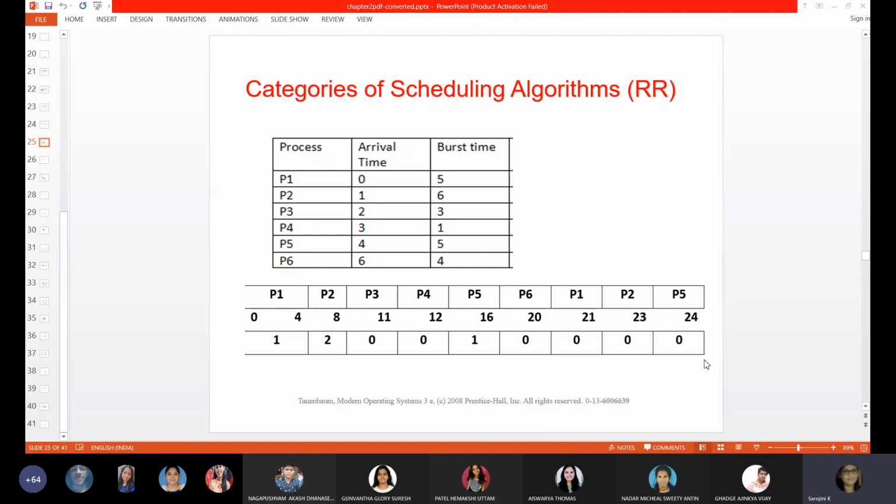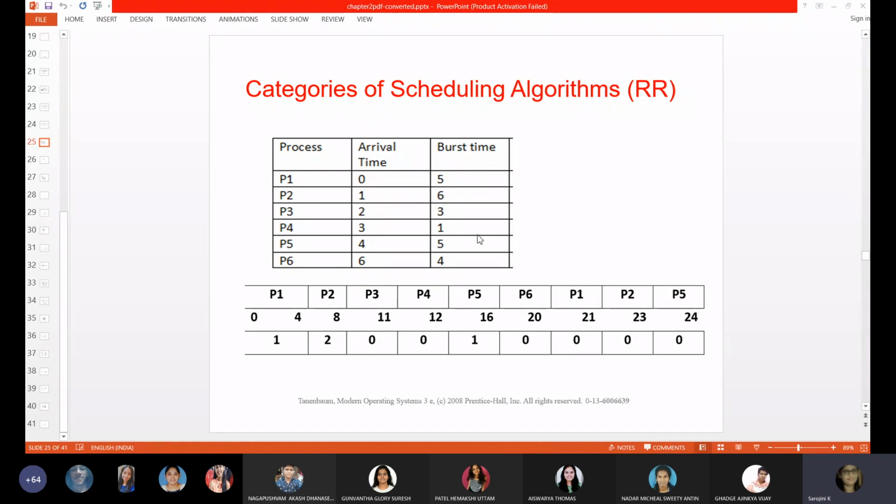That's it, simple. Okay. But if you apply the shortest remaining time first algorithm, what will happen? We should consider the arrival time, and at that time, what processes are available.